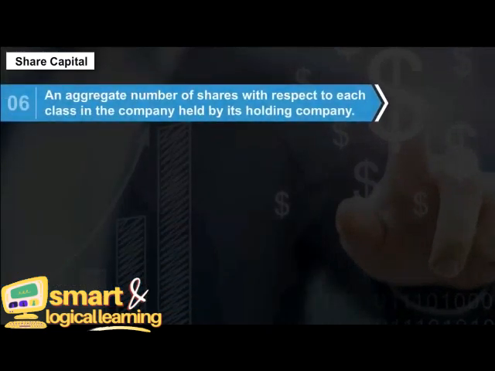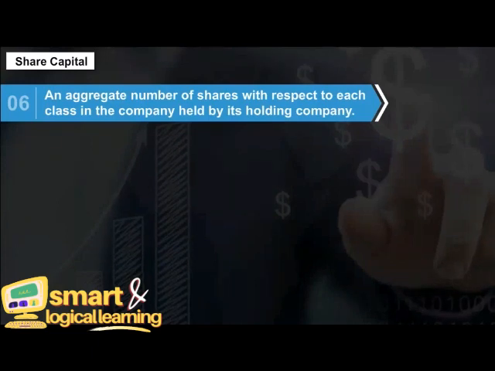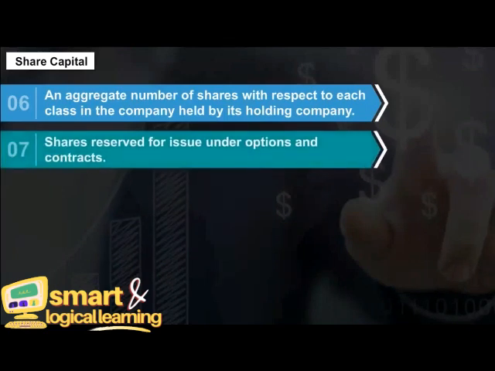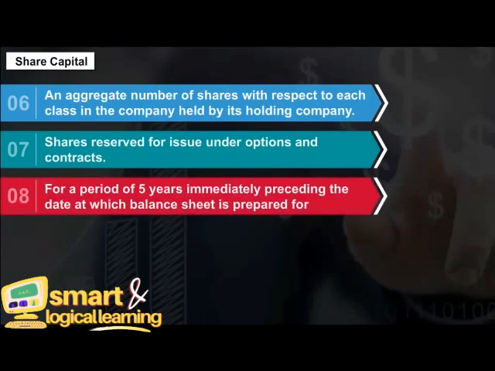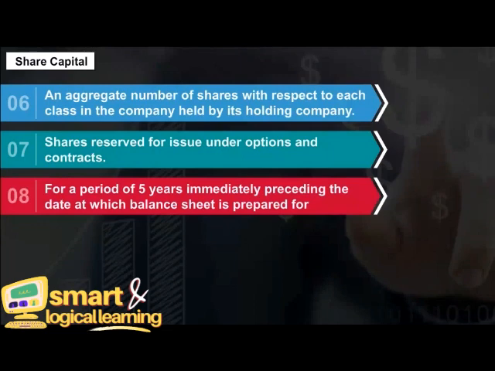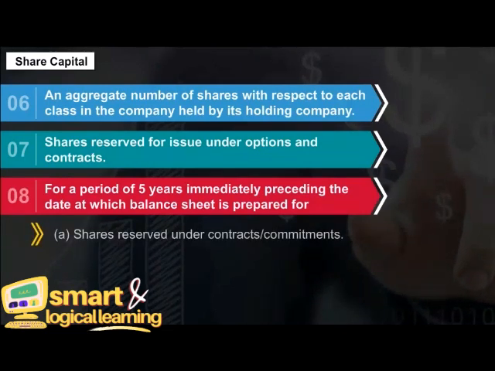6. An aggregate number of shares with respect to each class in the company held by its holding company. 7. Shares reserved for issue under options and contracts. 8. For a period of 5 years immediately preceding the date at which the balance sheet is prepared: A. Shares reserved under contracts or commitments.